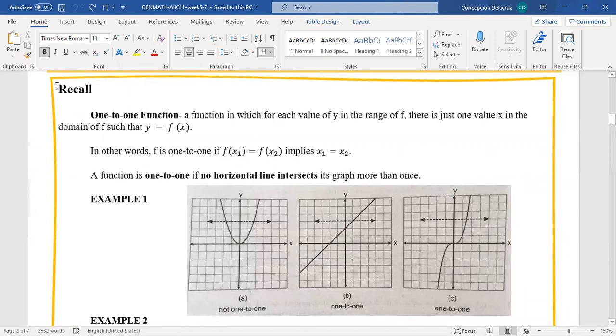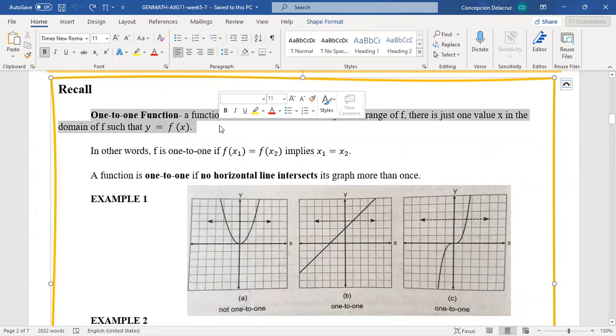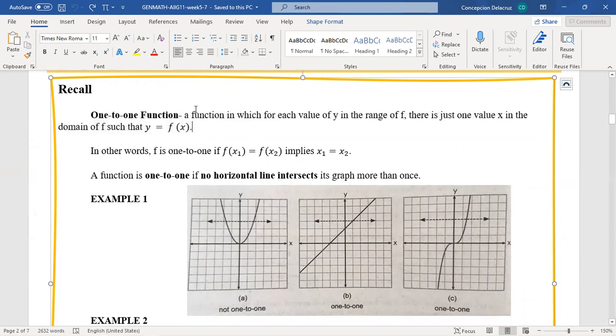So just a simple recall about one-to-one functions. We already discussed one-to-one functions in our last module. A one-to-one function is a function in which for each value of y in the range of f, there is just one value x in the domain of f such that y is equal to f of x.